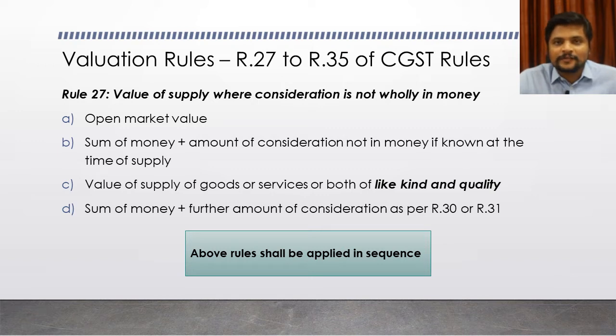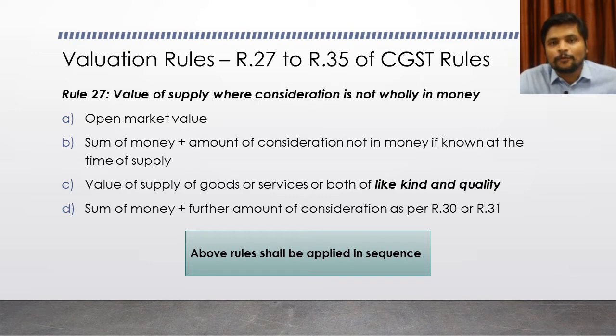Your old mobile phone will be taken at a certain value. If the new mobile phone costs you around 20,000 rupees and your old mobile phone is valued at 4,000 rupees, the actual consideration you will be paying to the supplier is only 16,000 rupees. The balance 4,000 rupees you are not paying in terms of money. You are paying with your old mobile phone.